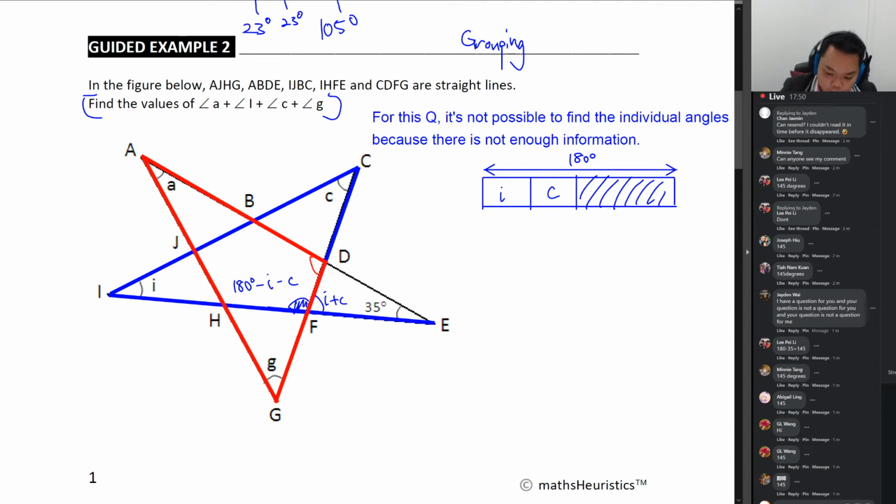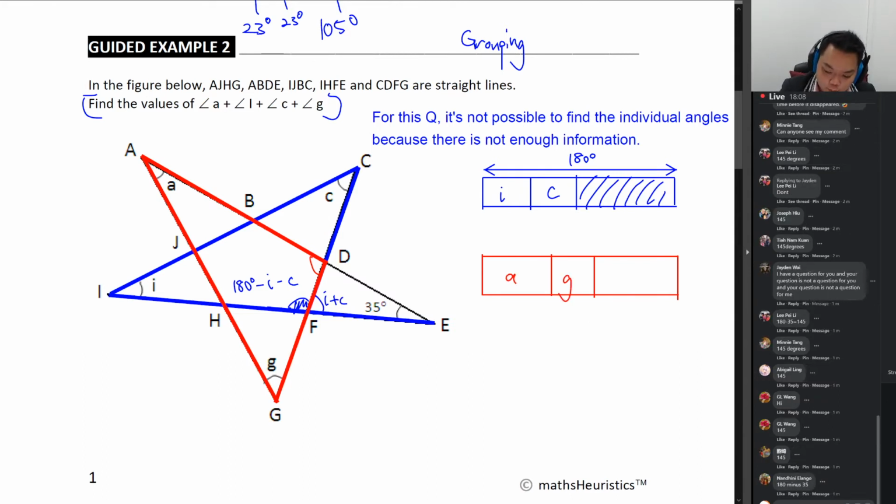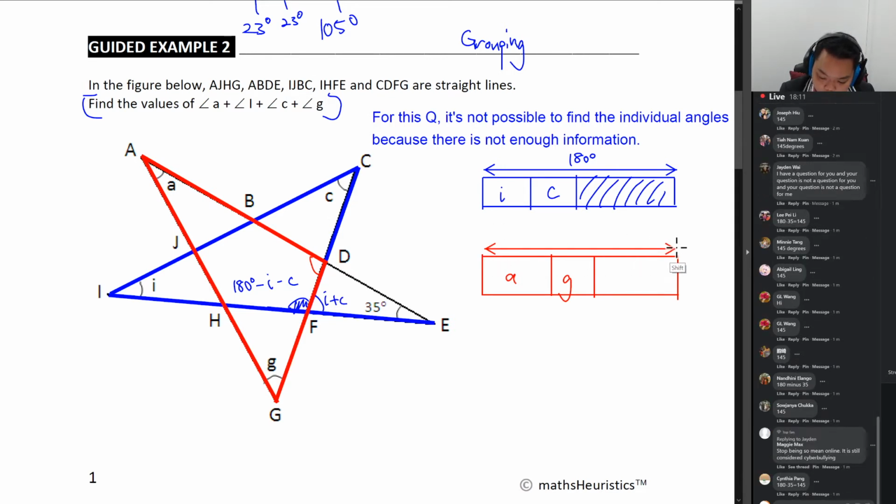And applying the same reasoning, we can see that if we are to take away angles A and G from 180 degrees, you will be left with another shaded portion here.